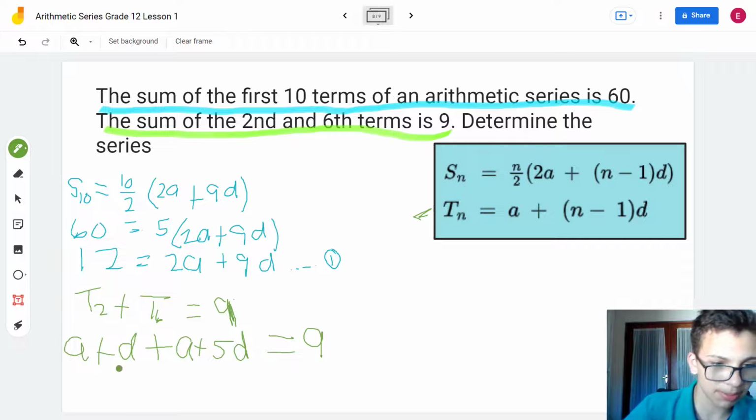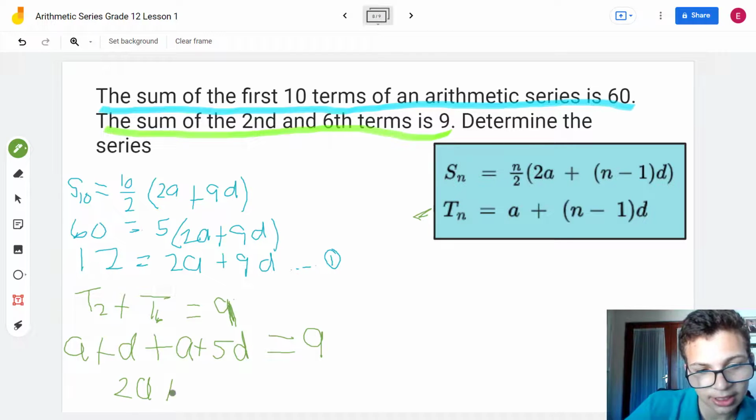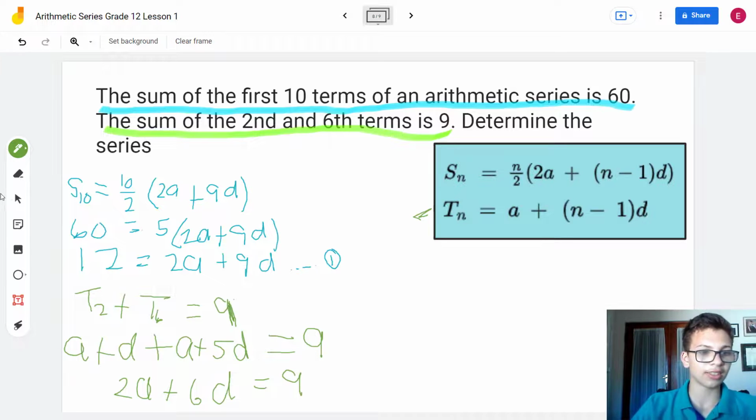And we can simplify this a bit. We get 2a plus 6d equals 9. Okay, so let's just write these equations down.